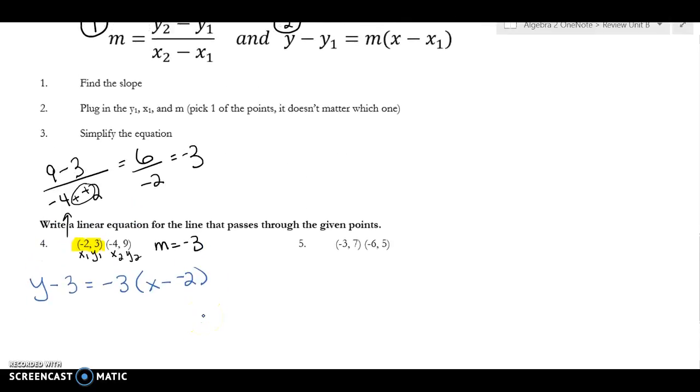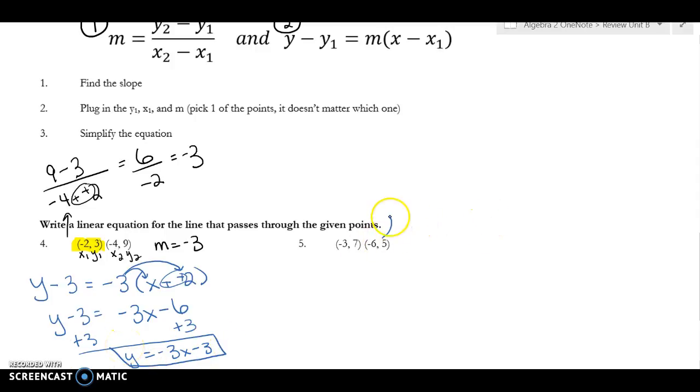And so now I'm going to distribute. And remember, two negatives do become a positive. So I get negative 3x. And then negative 3 times 2 is a negative 6. And so now I add 3 to both sides. And I get negative 3x minus 3.